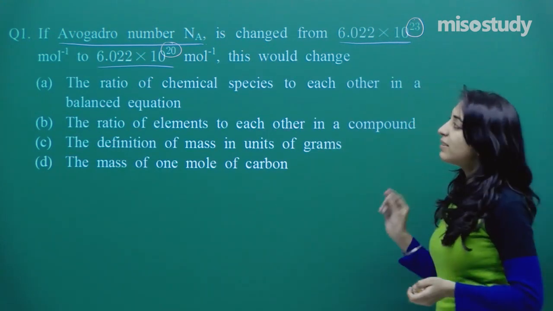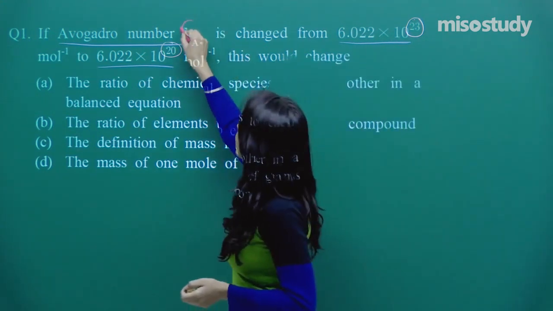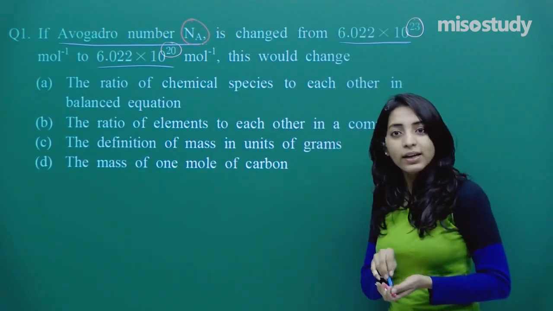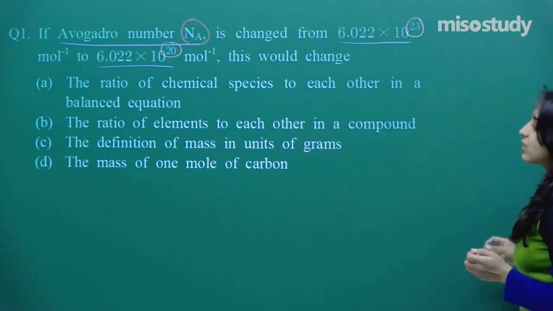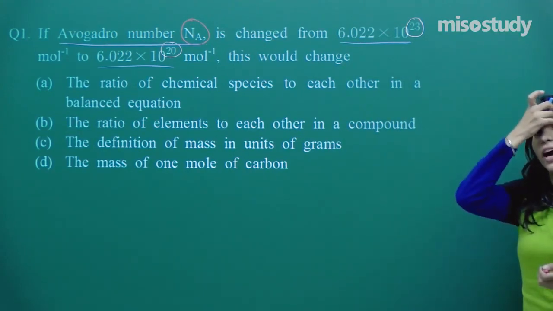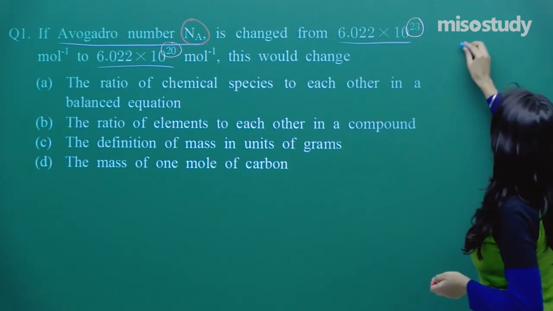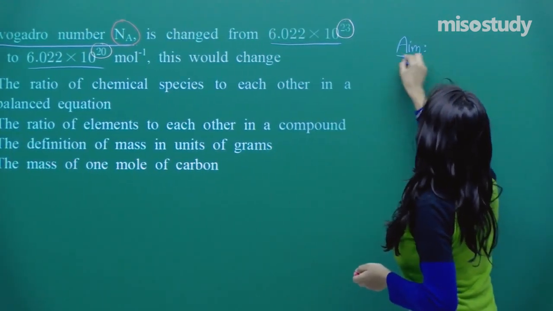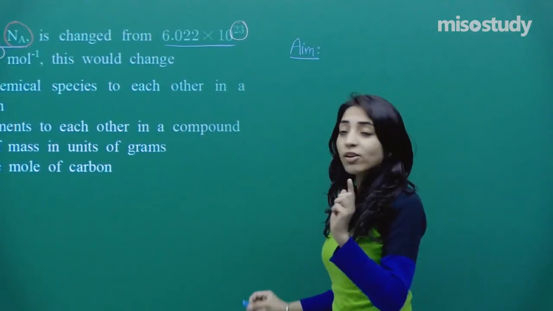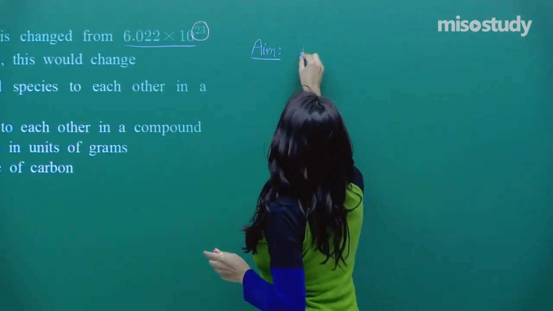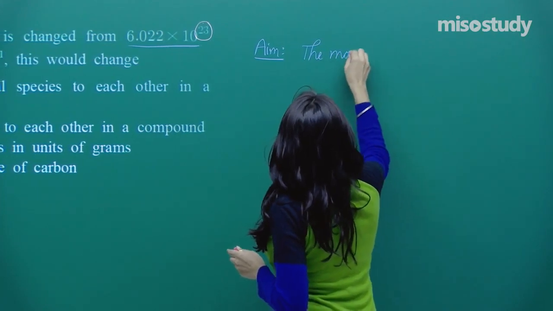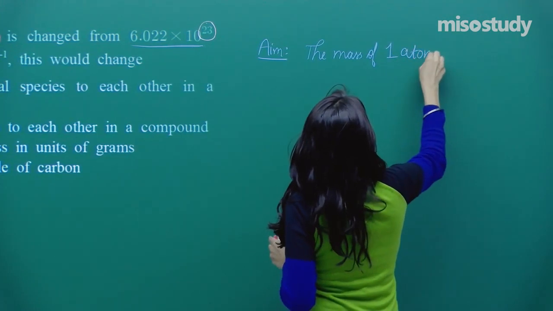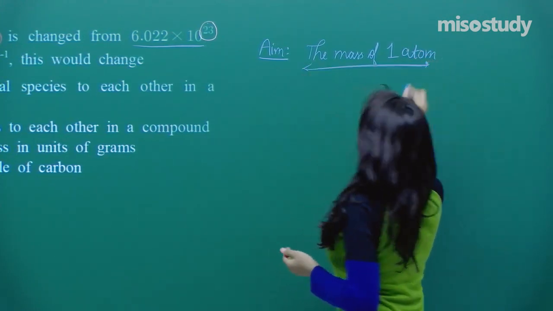We will simply start with the origin or the need of Avogadro's number. Guys, if you have seen my videos carefully, we did one particular statement, when my aim was to measure the mass of one atom of carbon, the mass of one atom of any particular element.